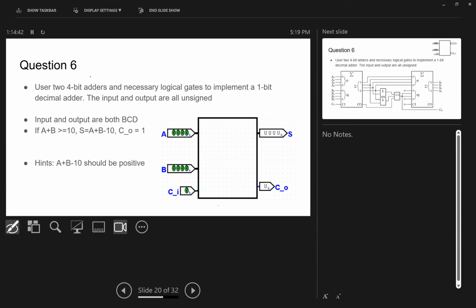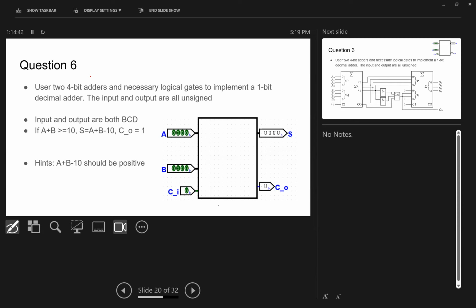So for example, let's say the control signal is S. Let's find the relationship between S, the summation, and CO. If we take A plus B being greater than or equal to 10 as the signal S, the carry out signal CO is equal to S, right?